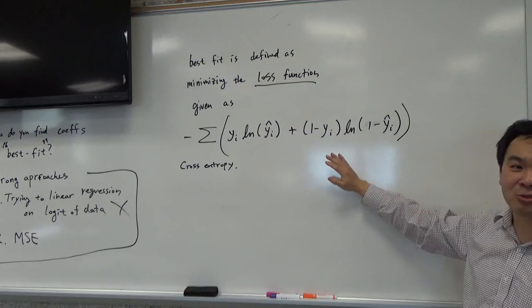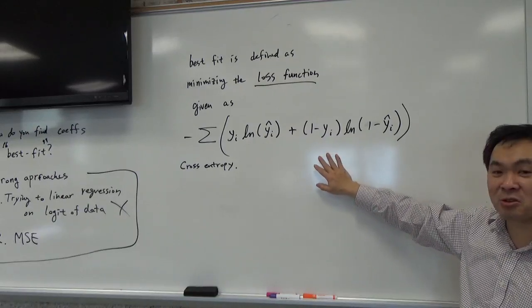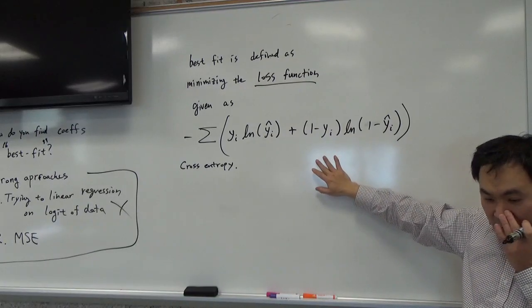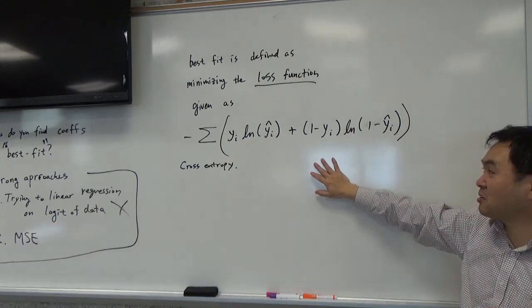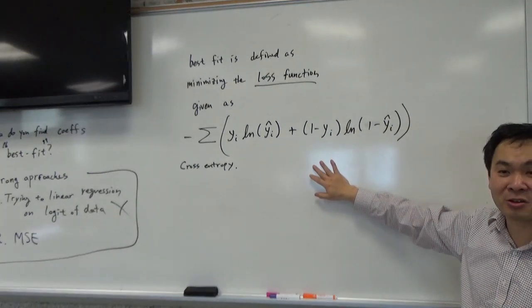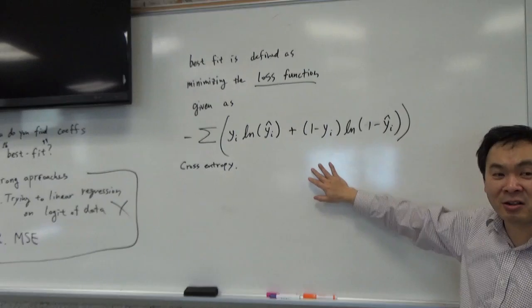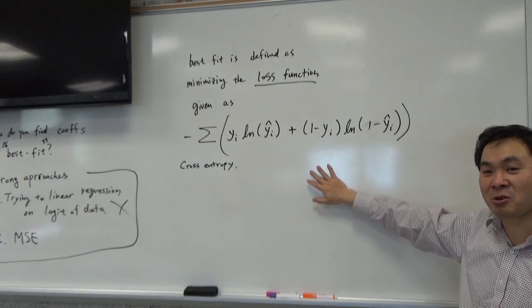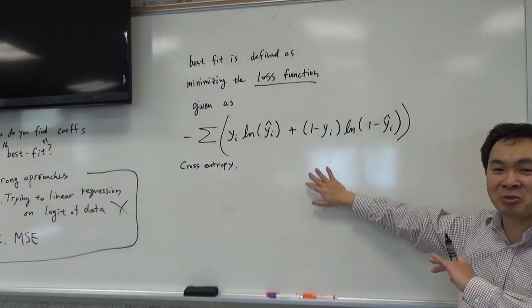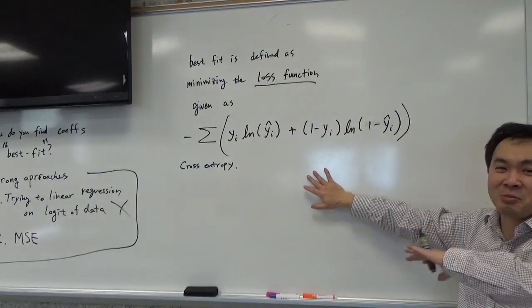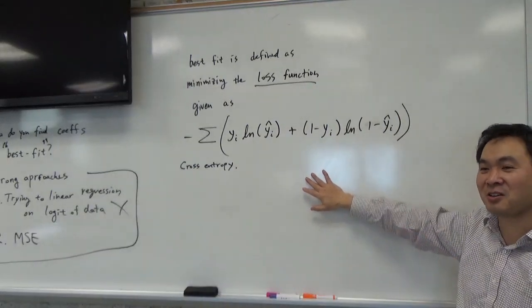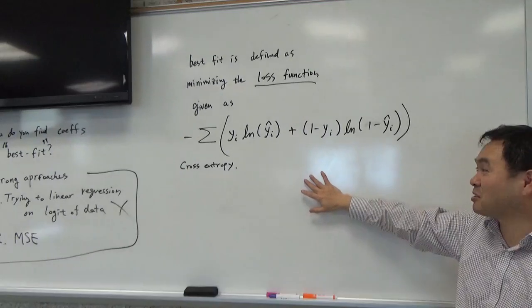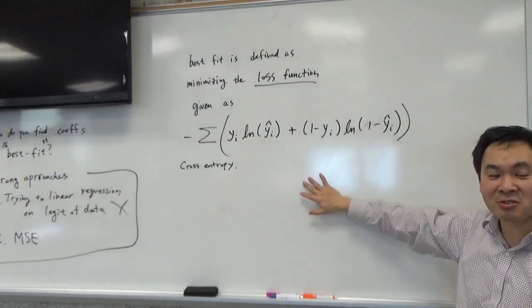I'm trying to explain what's going on under the hood because this is really the basis of deep neural networks. I don't know if I'll have time to explain deep neural networks, which are the foundation for ChatGPT and BARD and the state-of-the-art things.